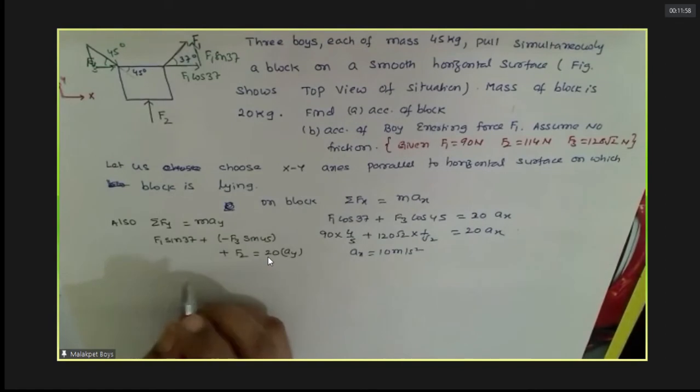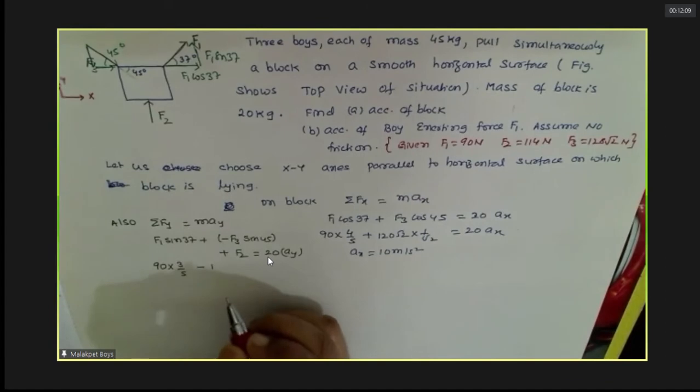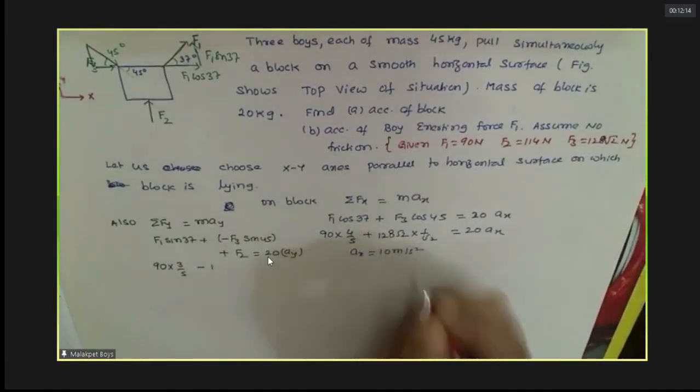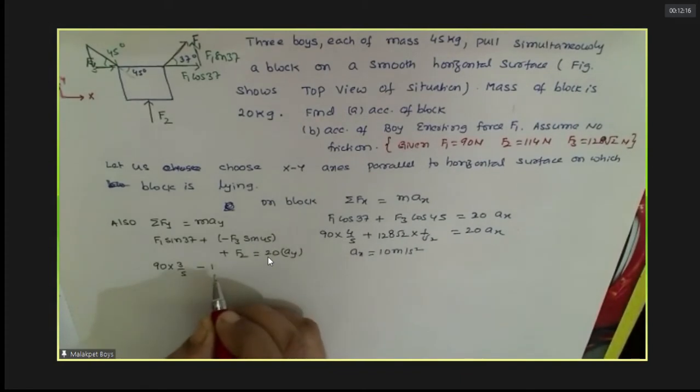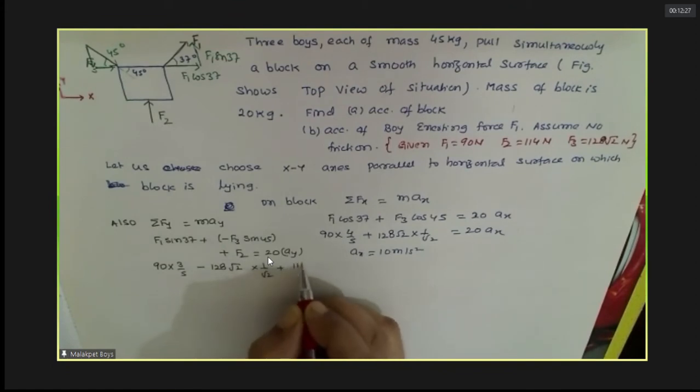F1 is 90 into 3 by 5, minus F3, which is 128 root 2 sin 45, plus F2, which is 114, equals 20 Ay.